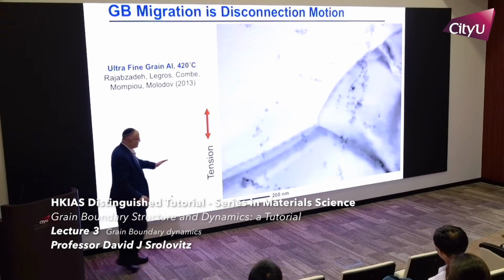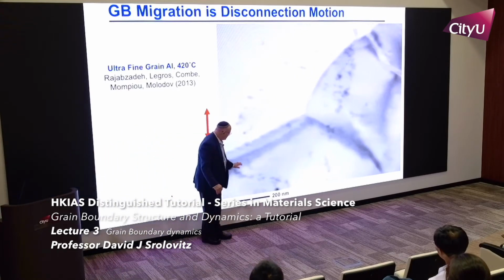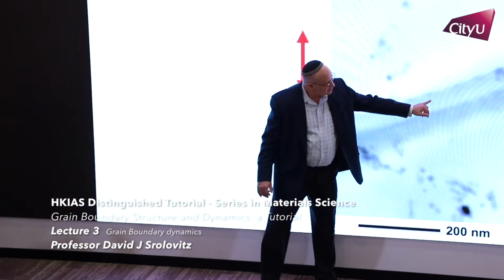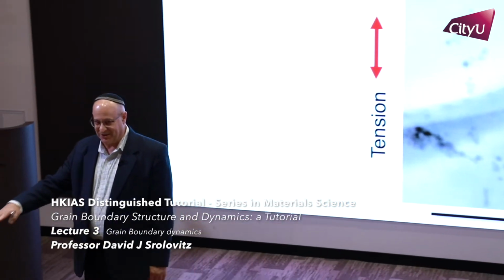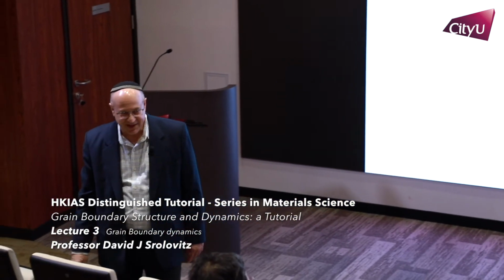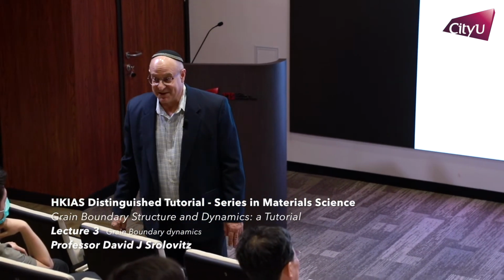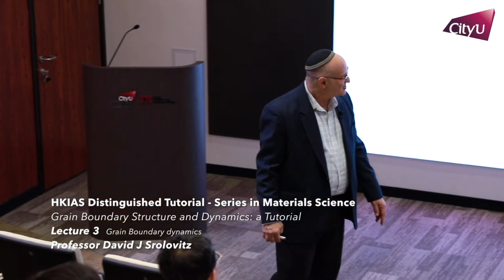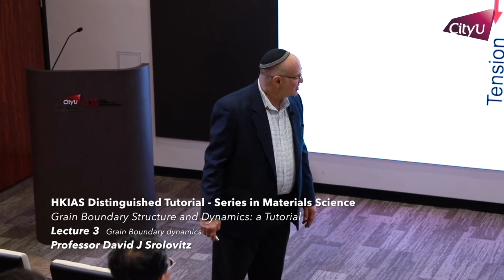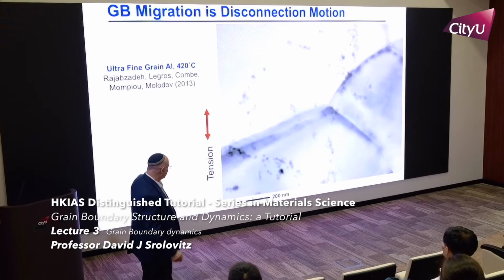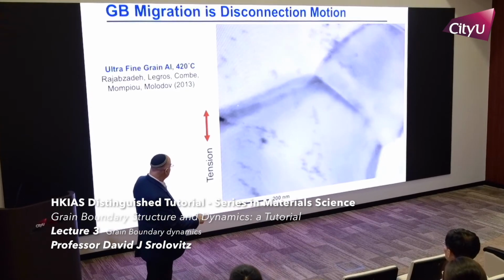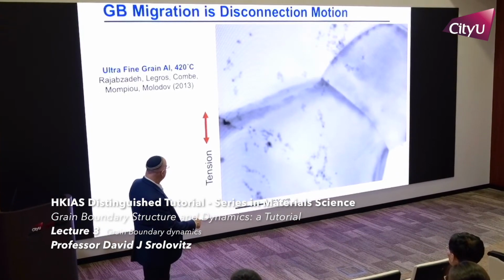Now you see this boundary is moving down, but if you look along the grain boundary, there's something that's moving laterally along the grain boundary. That's what we're talking about. Those are the disconnections. And you can watch the disconnections move along the grain boundary as those grain boundaries migrate. If you keep watching here, something interesting happens.